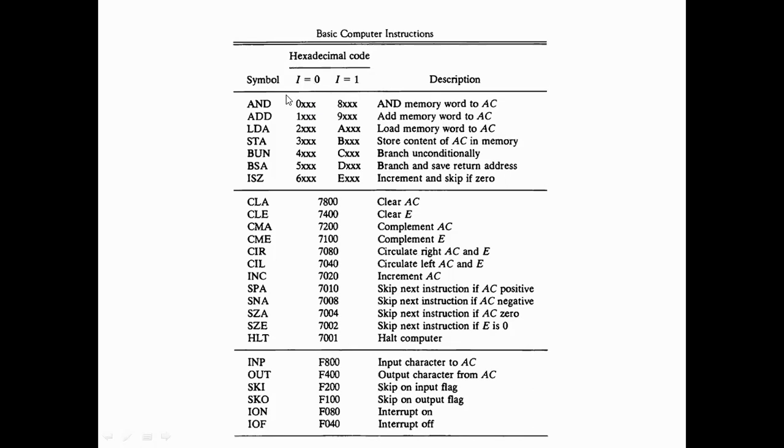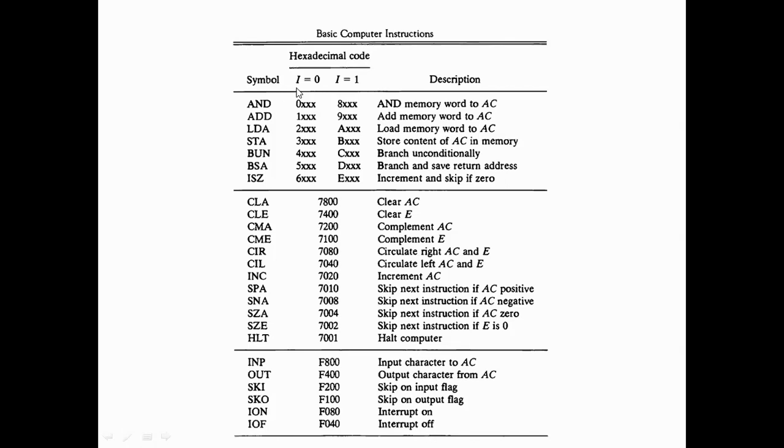In memory reference instruction, there may be two cases. One where I is 0, another where I is 1. I is 0 means direct address, I equal to 1 means indirect address. So for example, if I is 0, and the opcode for AND we know is 000, the first 4 bits become 0000, followed by an address of 12 bits.